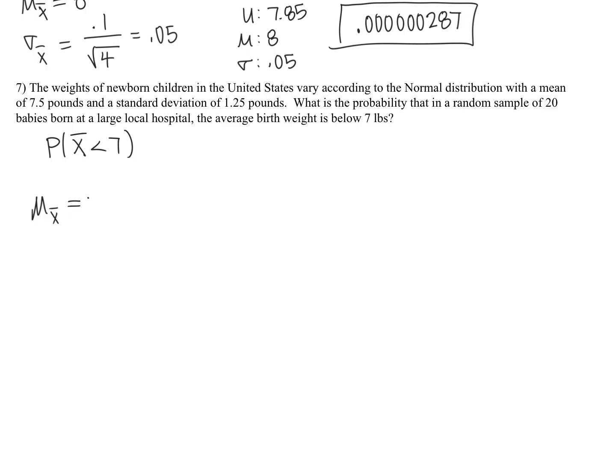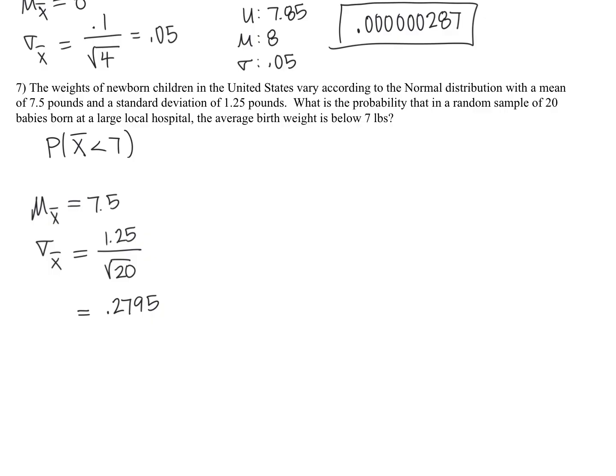So our mean is 7.5, and our standard deviation is going to be 1.25 over the square root of 20. So remember, when I do standard deviations for means, because they could be over 1, I will only go 2 decimal places if the number is bigger than 1, but if it is still less than 1, I keep 4 decimals.